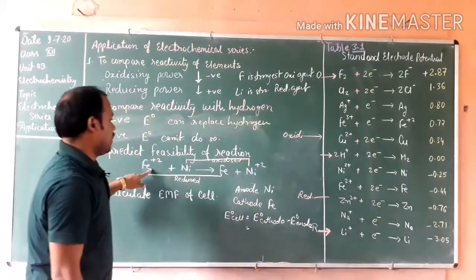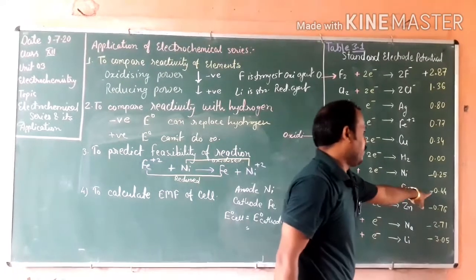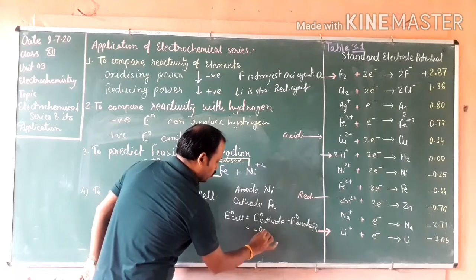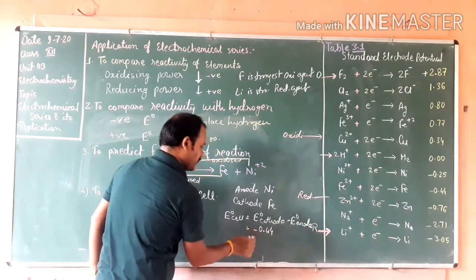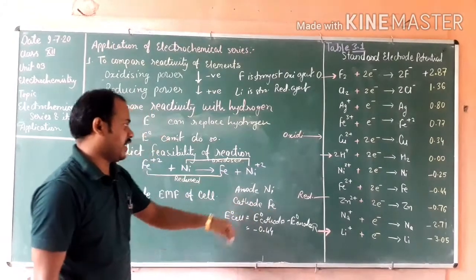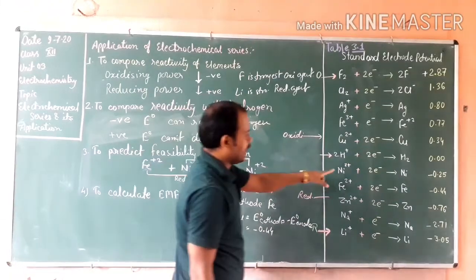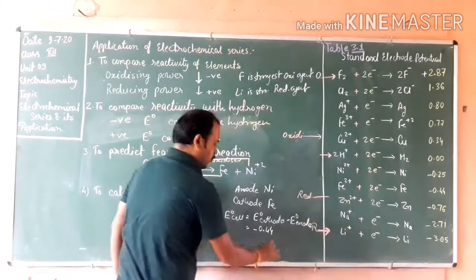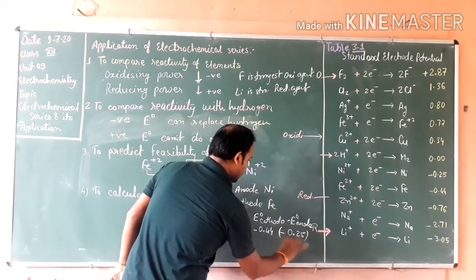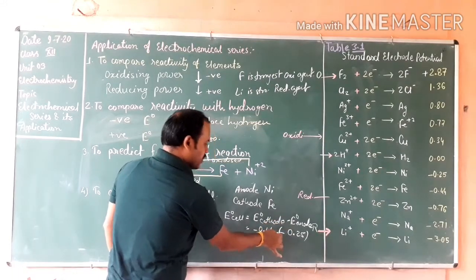So for Fe2+, the electrode potential is minus 0.44. Nickel is acting as anode, so its electrode potential is minus 0.25. And here we have to find the difference.